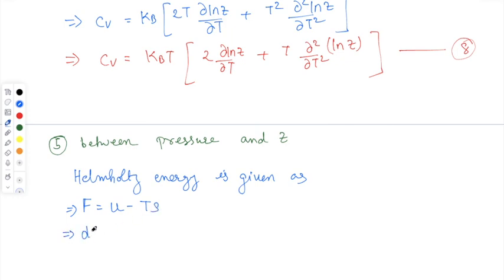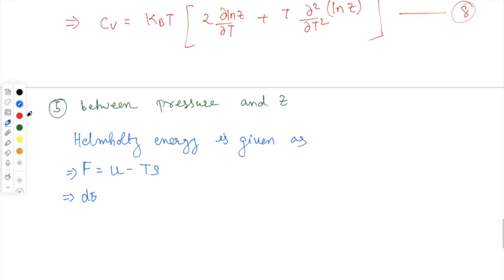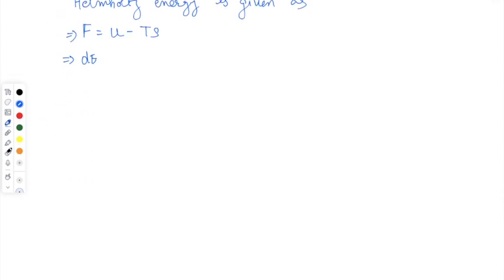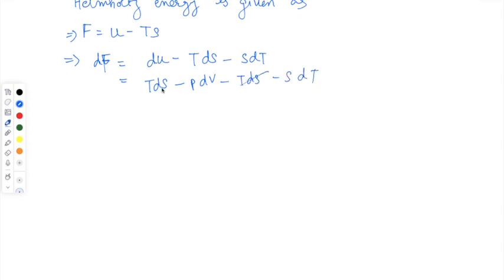So dF equals dU minus T dS minus S dT, and dU is given by T dS minus P dV, so the two T dS terms cancel, leaving minus P dV minus S dT.